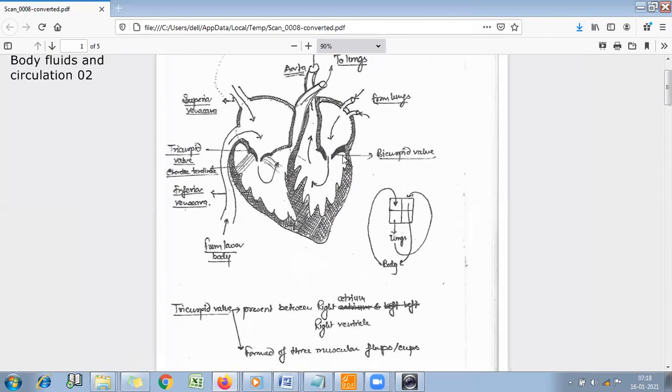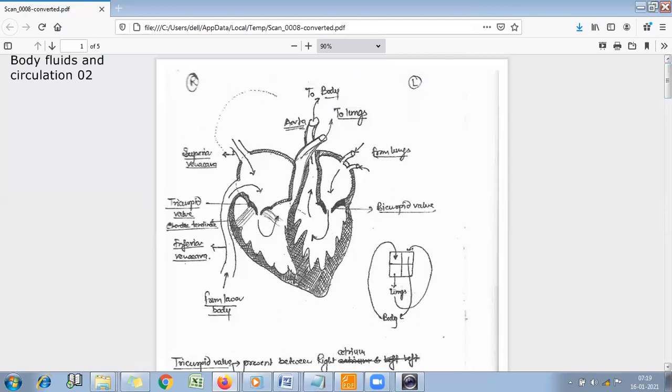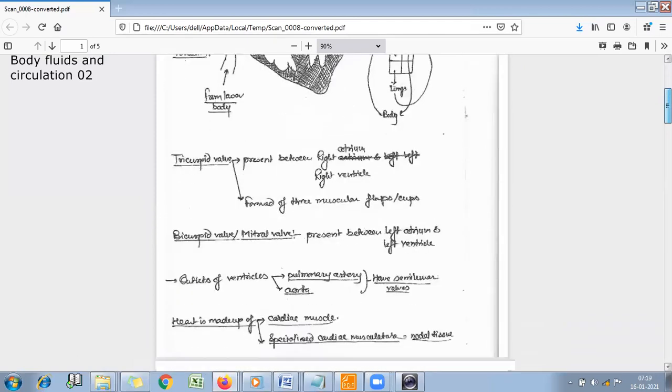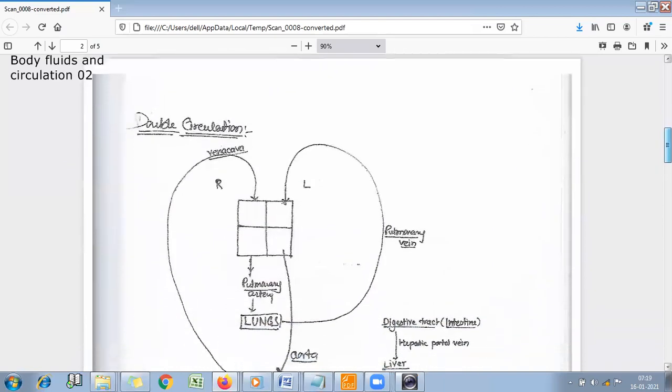Then through the bicuspid or mitral valve, it is pushed into the left ventricle. Now, when the ventricle contracts, the blood will be pushed into the body through the aorta. So, this is the path of blood in the human being.